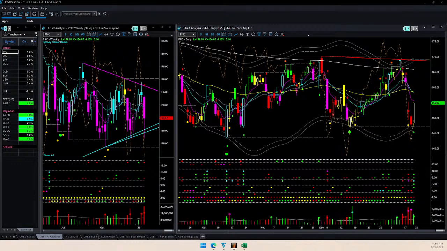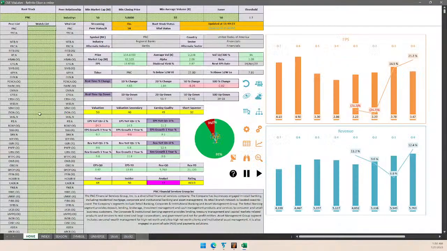How were its fundamentals? PNC: medium valuation, high enough earnings growth, 21%. 91% of peer stocks, that's regional banks, went up on Friday, and it pays a dividend yield of 3.8%.